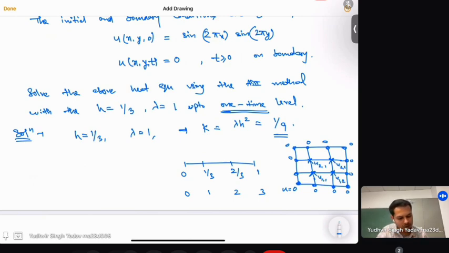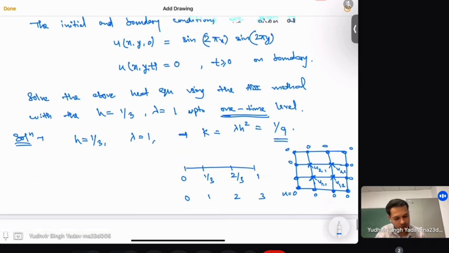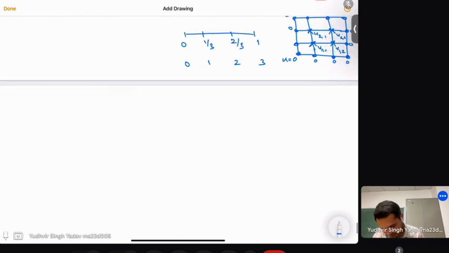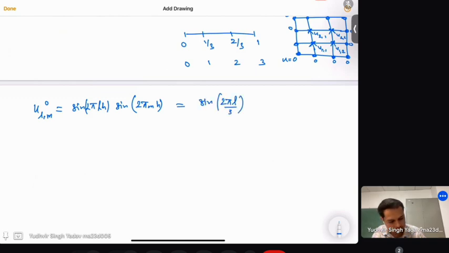So you can simply proceed with these solutions. Using the initial condition we have sine 2 pi lh, sine 2 pi mh, which is nothing but sine 2 pi l by 3 and sine 2 pi m by 3.